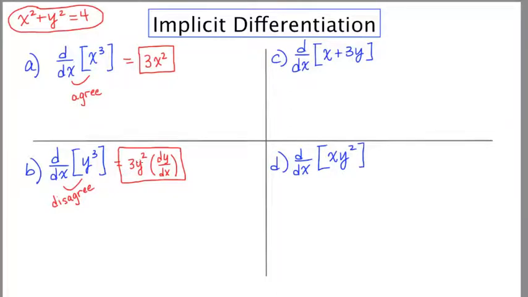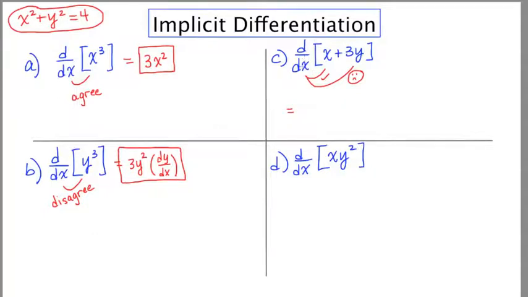Let's take a look at another example. I think the more that we see, you'll become more comfortable with the notation. Here we have the sum of two expressions. The first expression is in x, it agrees, so that's going to be good. The second expression is in terms of y, so this is going to require implicit differentiation.